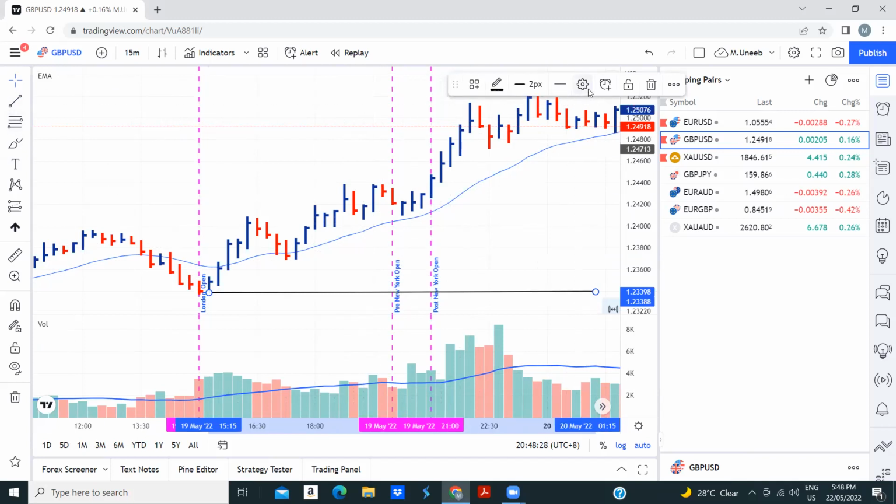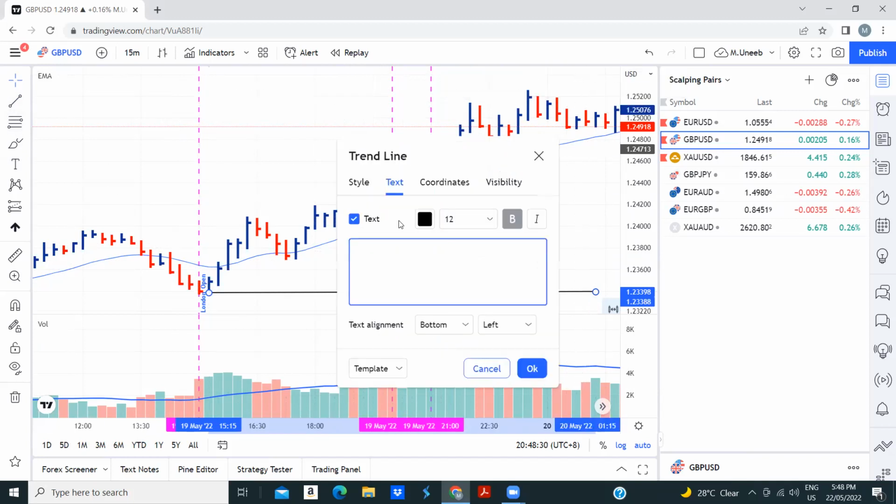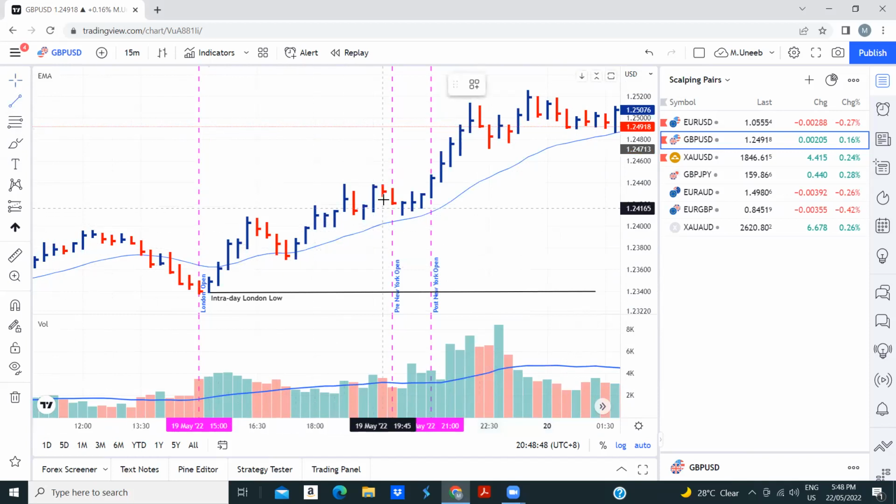So this is what we call, can you tell me, the intraday London low, right? And how about the intraday London high just before it?